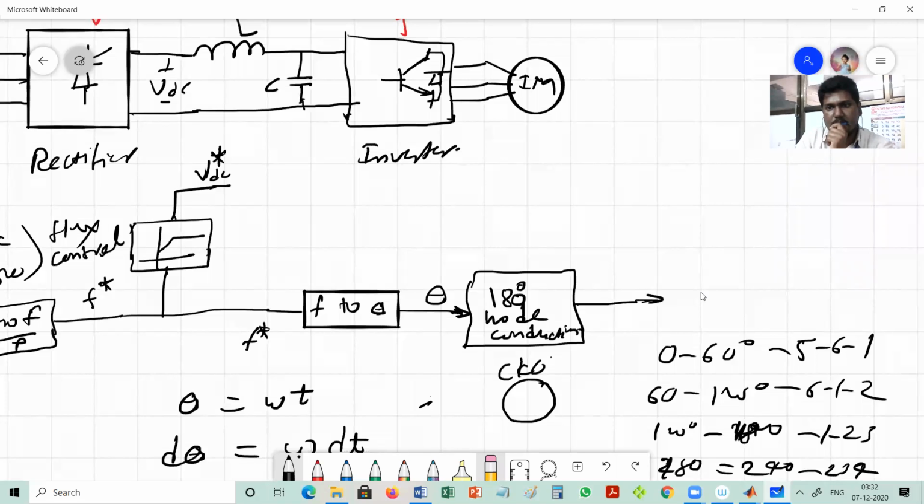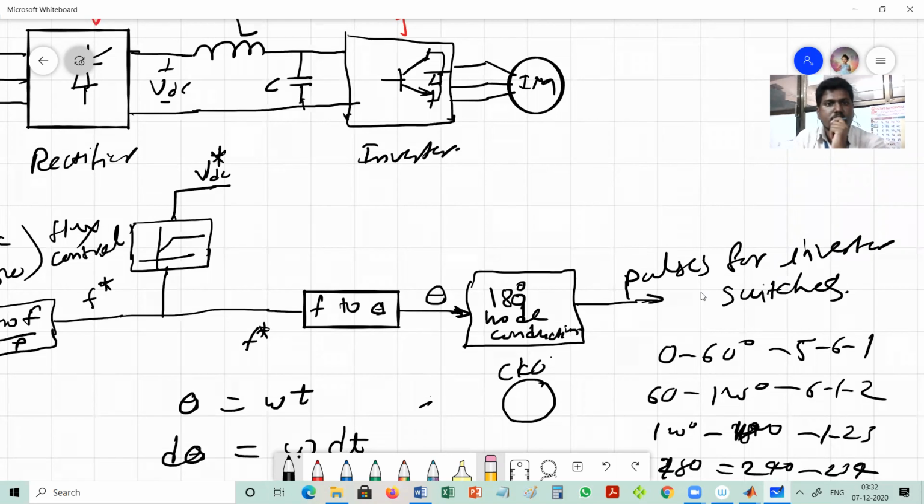Here the inverter will be controlled, so it will generate pulses for the inverter switches. Again, this VDC star, one more signal we have generated, will be given to a PI controller, which will work as a DC bus regulator.